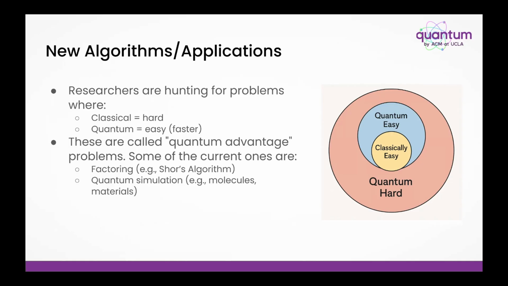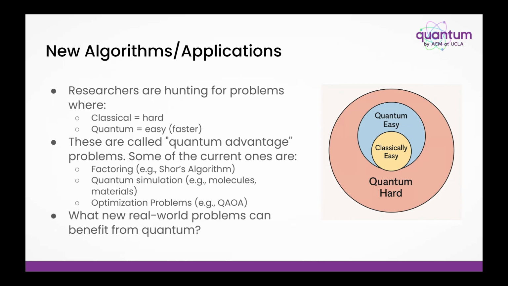Another example of this kind of quantum advantage problems is the simulation problem, where we're trying to simulate the natural environment. We're trying to simulate how molecules and materials exist around us. And lastly, we have the optimization problem. So the real question is, what new real world problems can benefit from this upcoming technology?